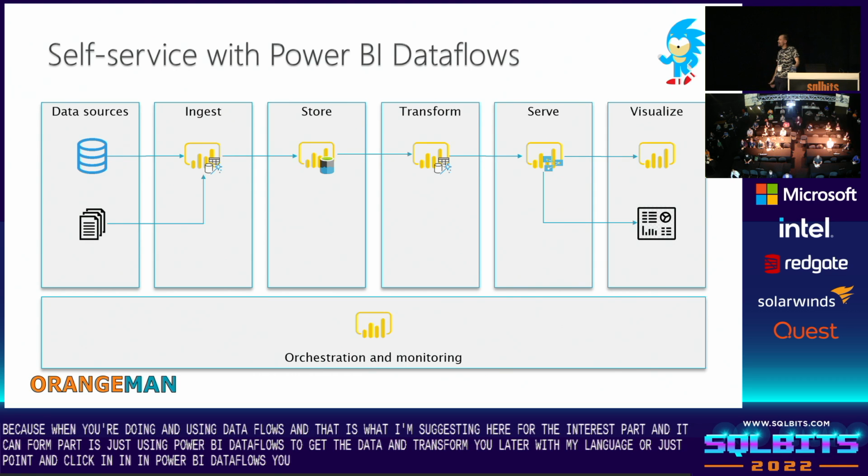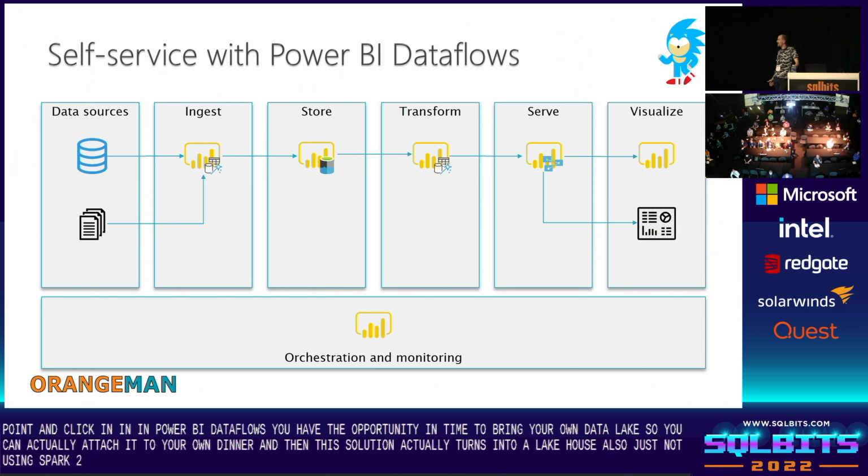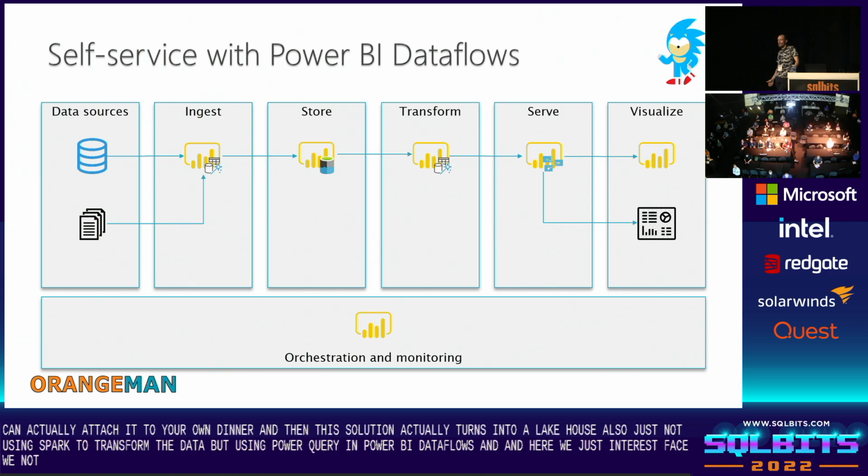Here you have the opportunity in Power BI to bring your own data lake. So you can attach it to your own data lake, and then this solution turns into a lakehouse, just not using Spark to transform the data, but using Power Query in Power BI dataflows. In the ingest phase, we're not using Data Factory or integration pipelines in Synapse, but a dataflow.